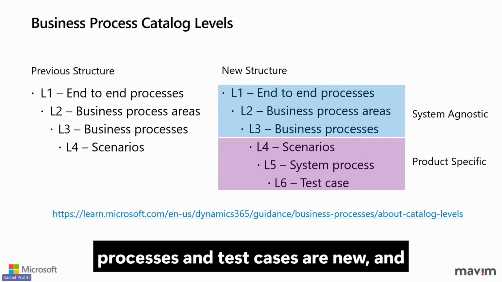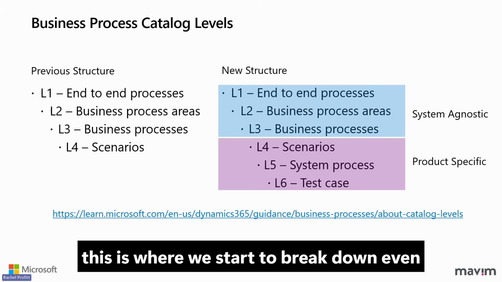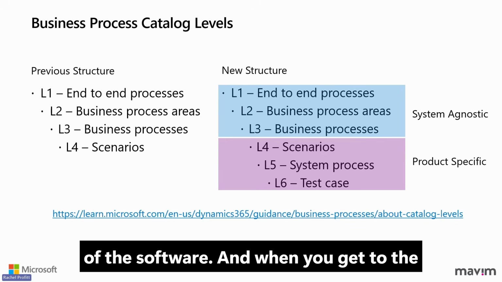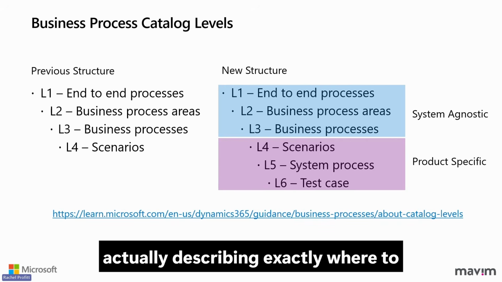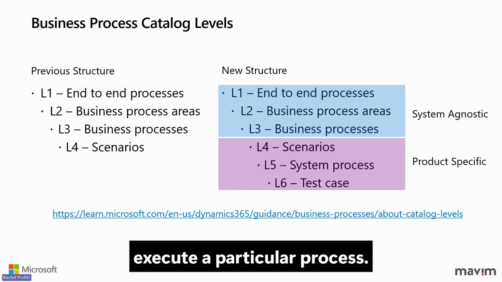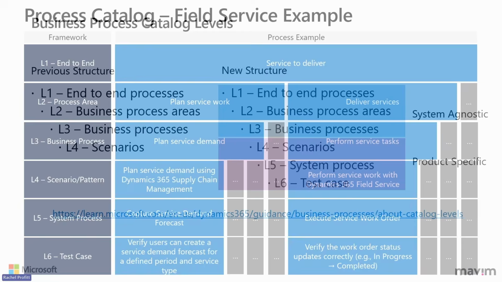Those system processes and test cases are new, and this is where we start to break down even further into a more granular level inside of the software. And when you get to the test case level, that's where we're actually describing exactly where to click and how to execute a particular process.